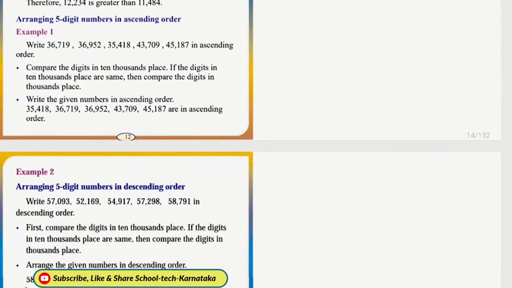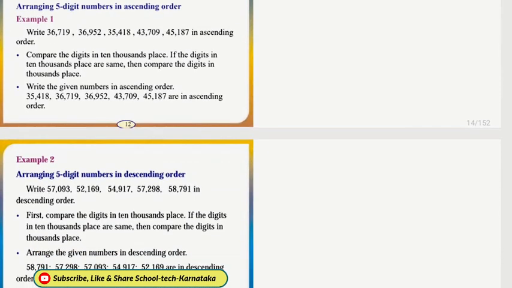Our next example is to arrange the given 5-digit numbers in ascending order. So what is ascending order? We first need to write the smallest number, and then it goes on, and at last comes the largest. So smaller, the next larger, and the largest.